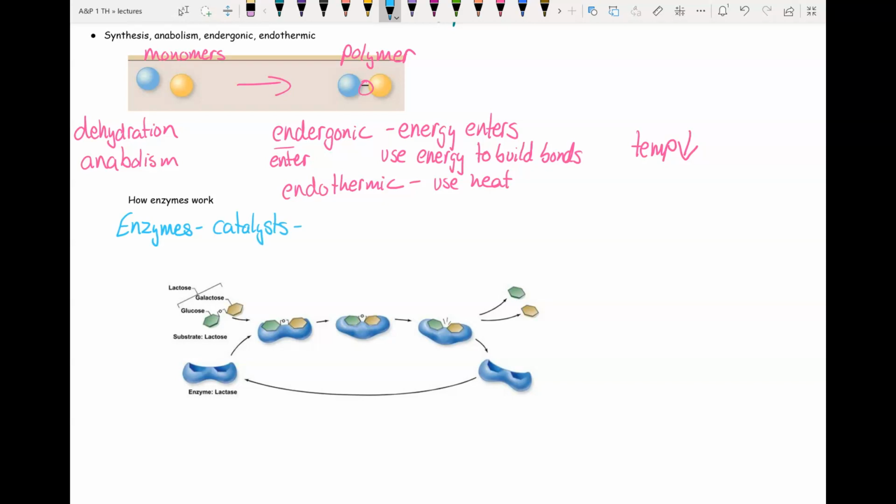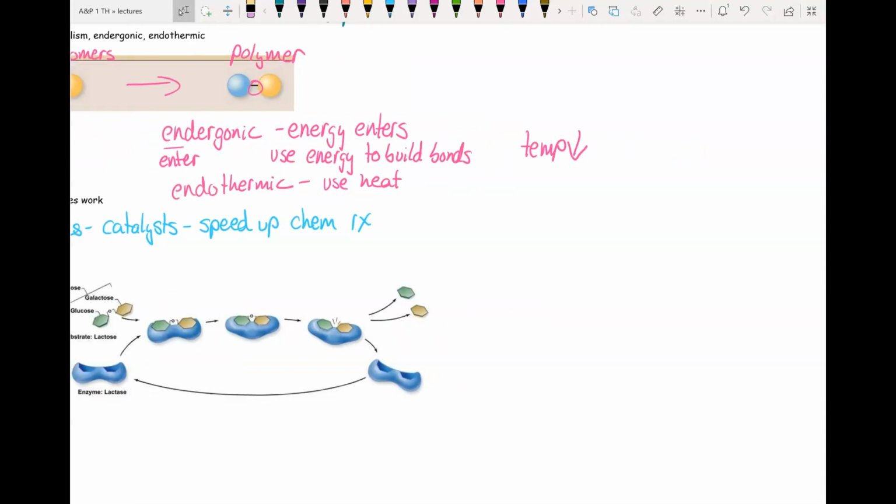So you have metabolism, chemical reactions in your body. You have catabolism, you have anabolism. These are constantly happening. They keep you alive. Enzymes speed them up. So you have all these reactions going on in your body.